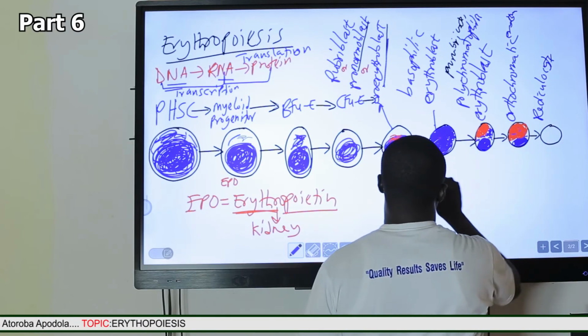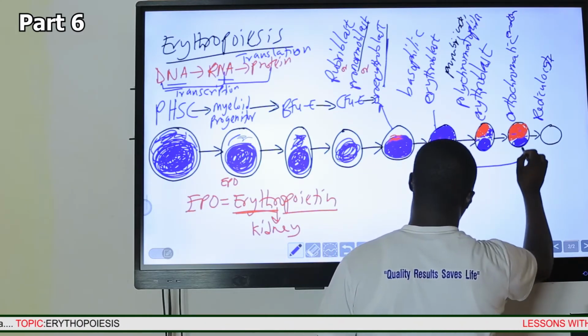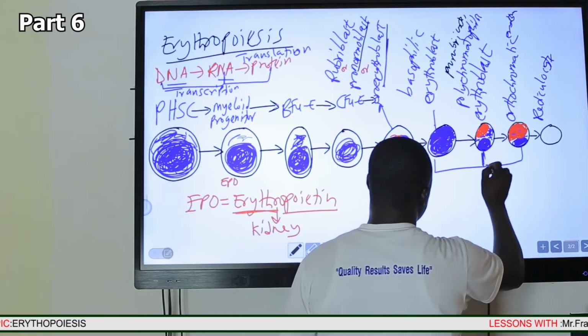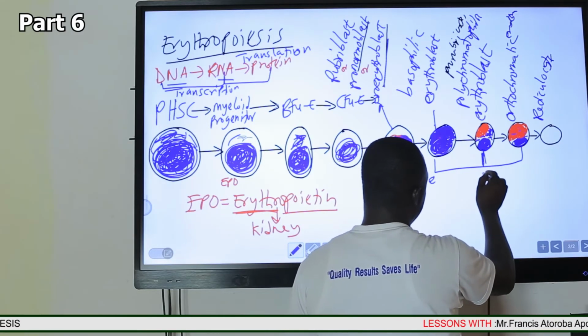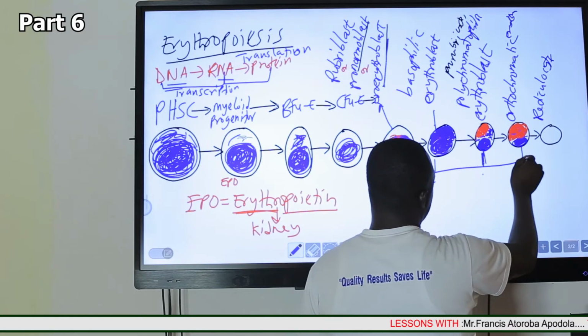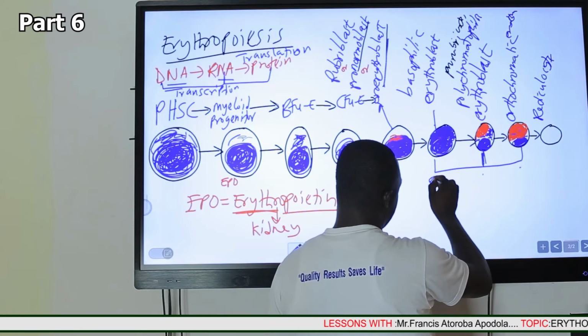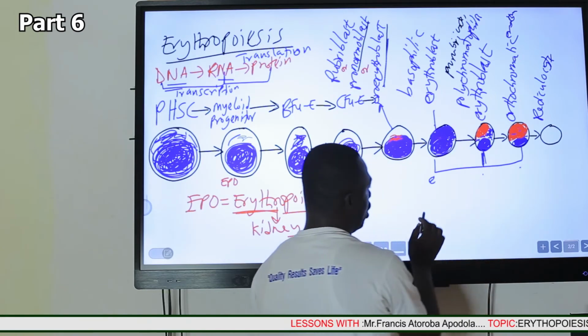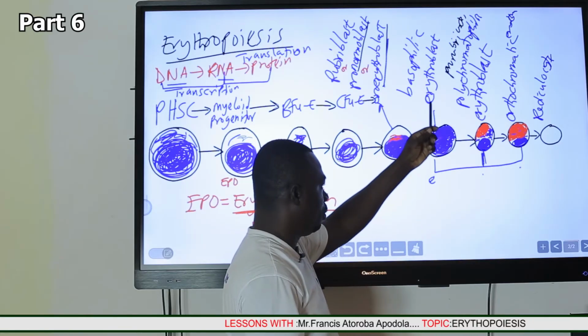The erythroblast stages are three. So this becomes the early erythroblast, intermediate erythroblast, late erythroblast. The early erythroblast is basophilic and therefore called basophilic erythroblast.